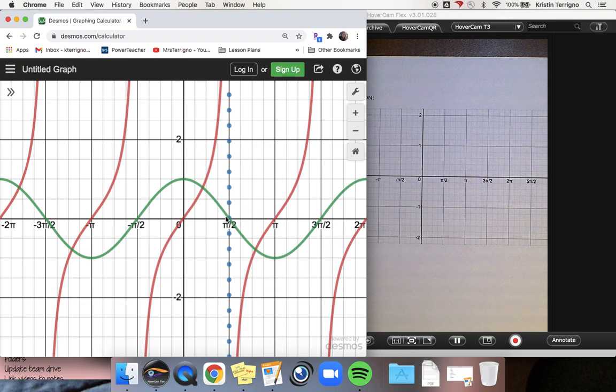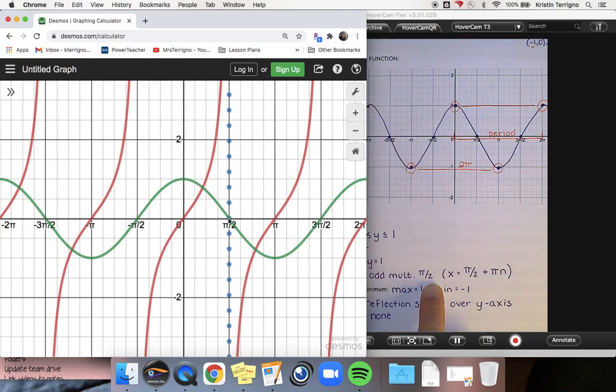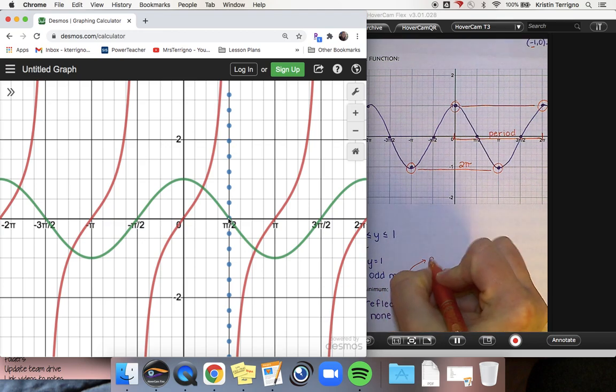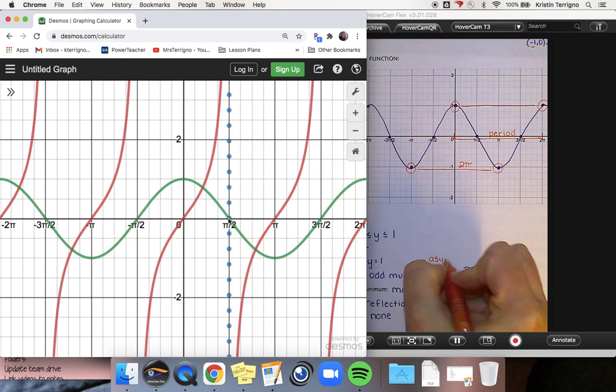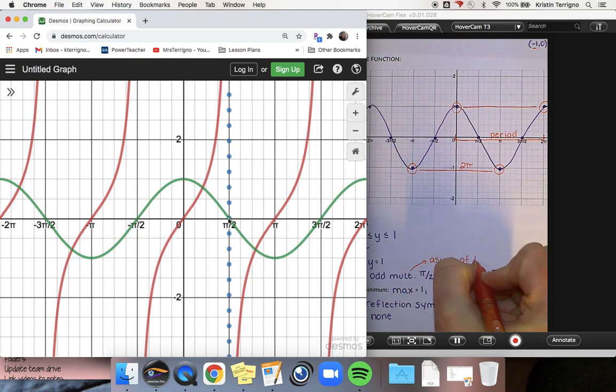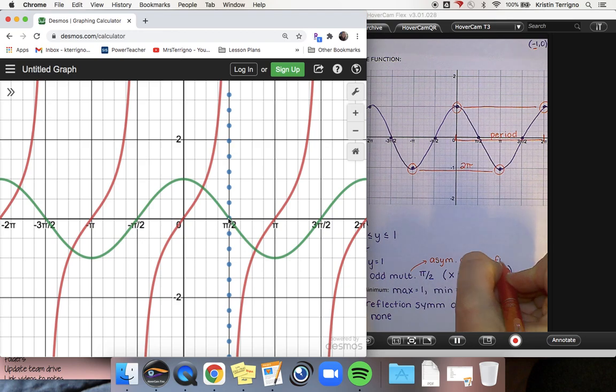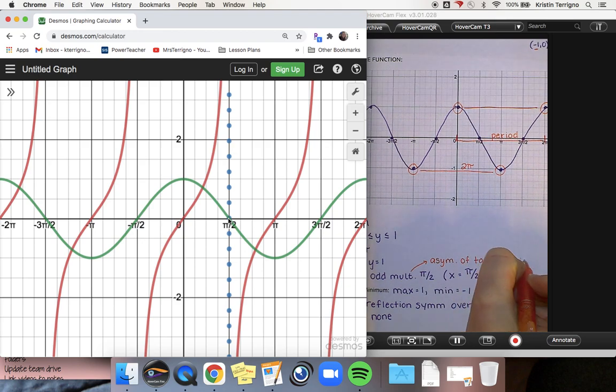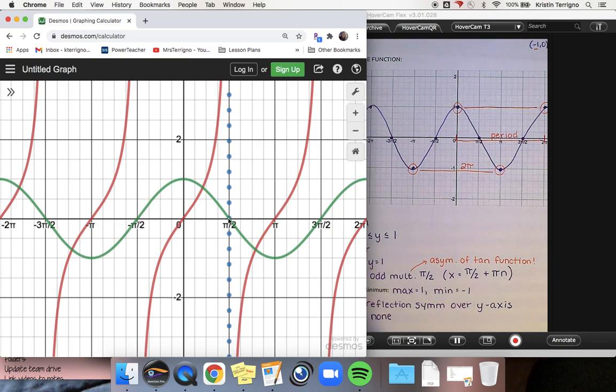So every one of those x-intercepts we talked about for the cosine function, at odd multiples of pi over 2, immediately means those are going to be asymptotes of the tangent function. Because tangent is sine over cosine, and you can't have that 0 on the bottom of a function, which is what is happening at an x-intercept.